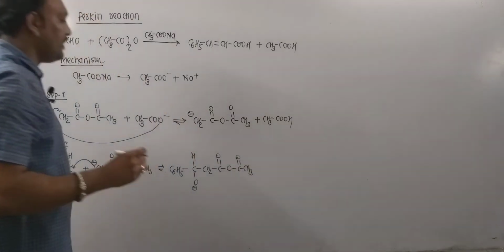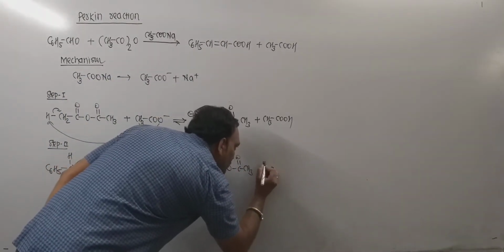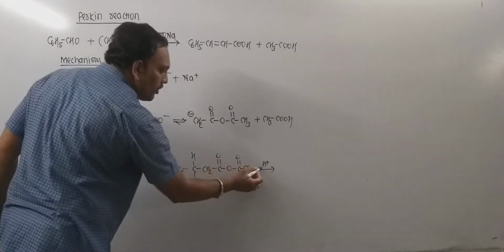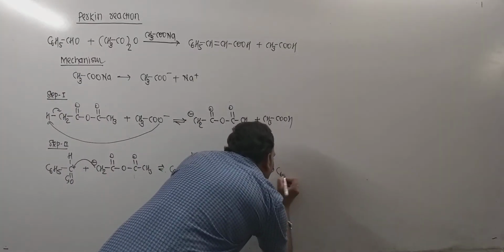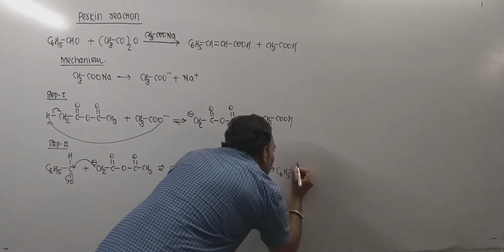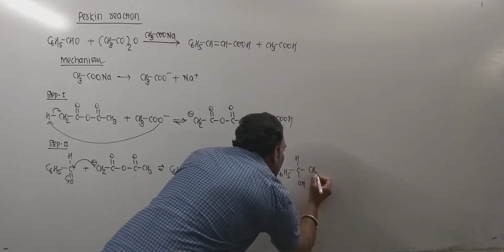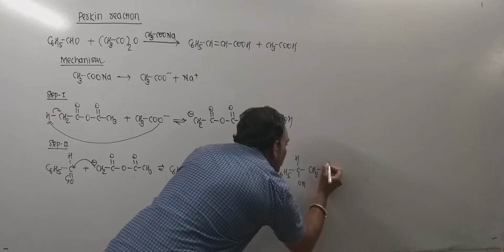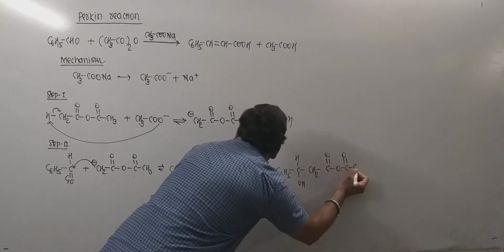Now this intermediate ultimately gets protonated in the next step. So due to protonation of which an intermediate product so obtained can be shown as, so this is the product on protonation.